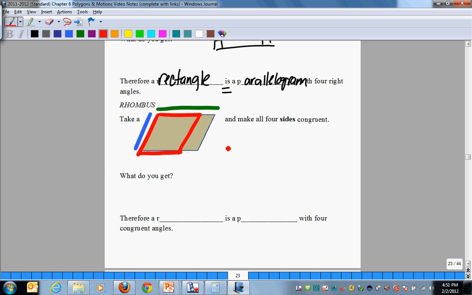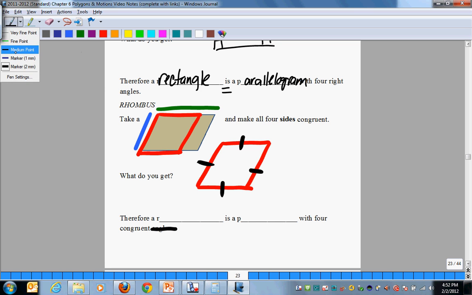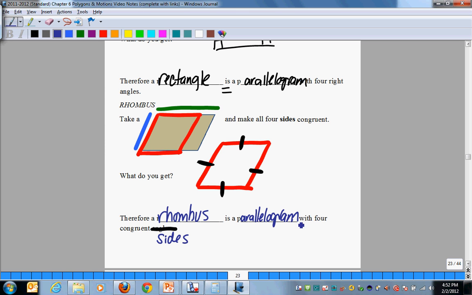That would get you what's called a rhombus. A rhombus is a parallelogram with 4 equal sides. Therefore, a rhombus is a parallelogram with 4 equal sides.